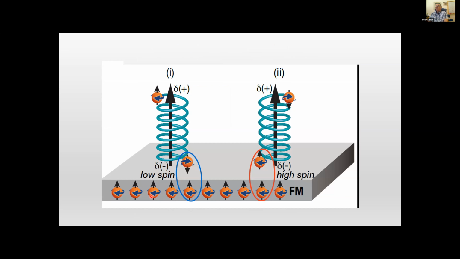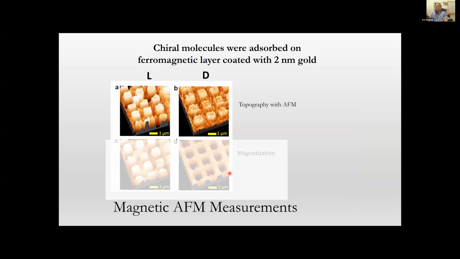Please look here again. Forming a monolayer reduces the free energy of the system, so it is worthwhile for the ferromagnetic layer to flip spin and align so that it will be anti-parallel to the spins on the molecules. So for one handedness, the spin is pointing in this direction. In order to bind the other molecule, it has to point in the opposite direction.